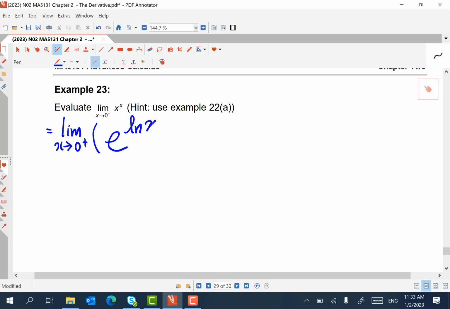Do you know that e to the ln of x is still x? Now I know. Okay, James, what do I do after this?